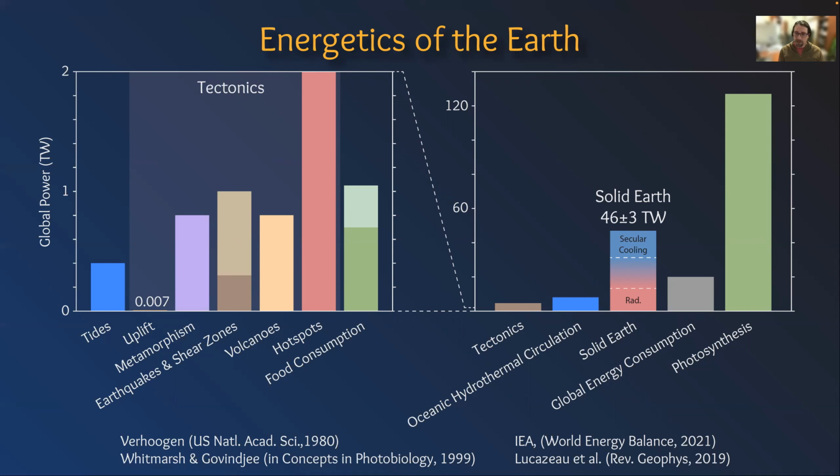We can also compare that to the photosynthesis of all of the plants and algae on Earth, which is actually considerably larger than the heat loss due to the solid Earth. If we also incorporated the solar energy that arrives at Earth from the sun, it would be about 3 orders of magnitude larger than what we see here.